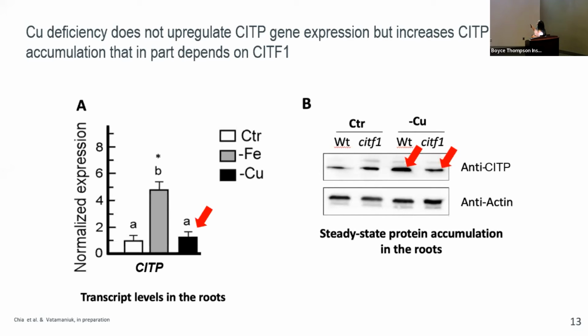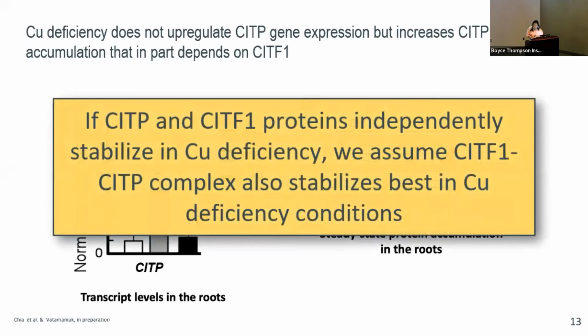And we can also see reduced CITP protein accumulation in the CYP1 mutant, which is how we know that CITP is dependent on CYP1. Because our preliminary data show that CYP1 and CITP independently stabilize best in copper deficiency conditions, then we can assume that the complex can also stabilize best in these same conditions.